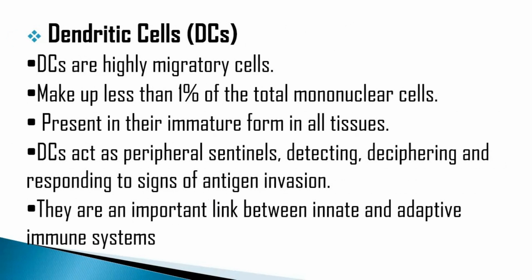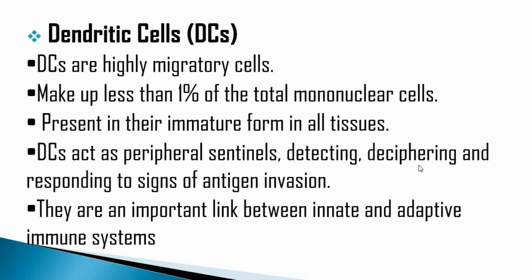The last but not the least cells are called dendritic cells. Second last, only. Dendritic cells are highly migratory cells. If you have to remember something about dendritic cells, it is that they are highly migratory cells. They are less than 1% of the total mononuclear cells. Dendritic cells act as peripheral sentinels.